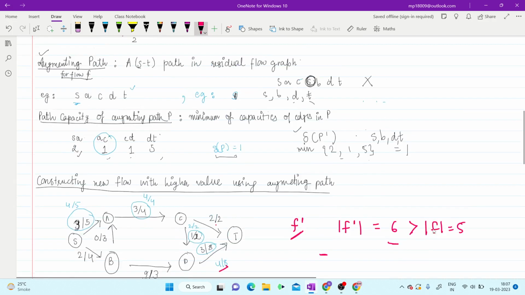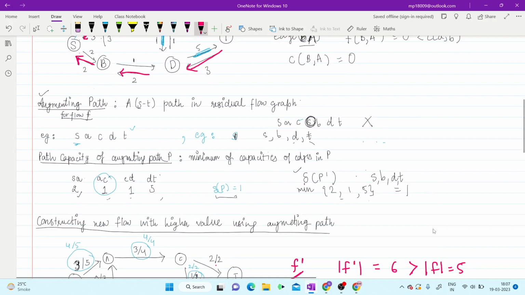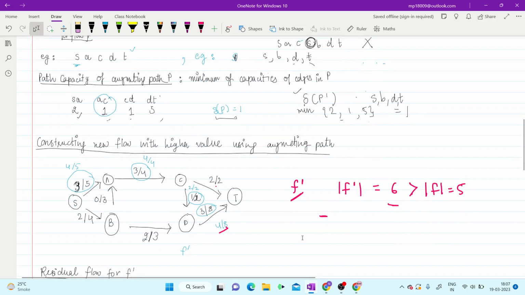Sadly in this example, all the edges in this augmenting path are in the same direction. That is, there is no red edge with the red direction. So when we are constructing the new flow, we are adding the path capacity to each of the existing flow values, and in this manner we are able to get a new flow diagram.